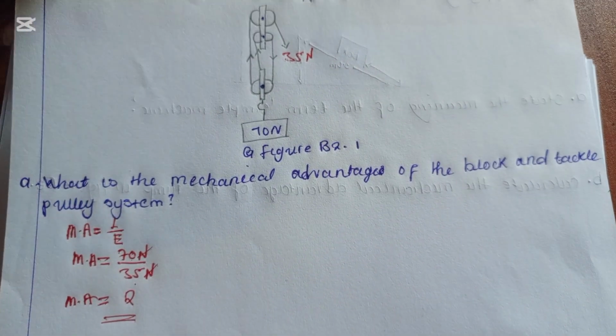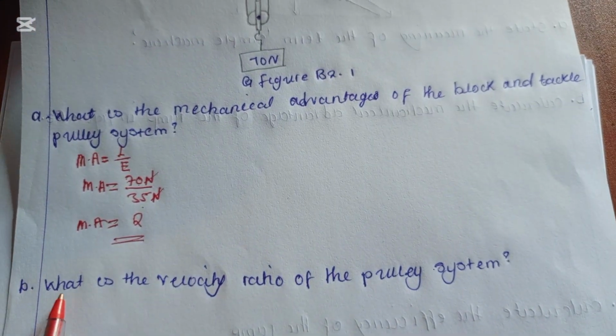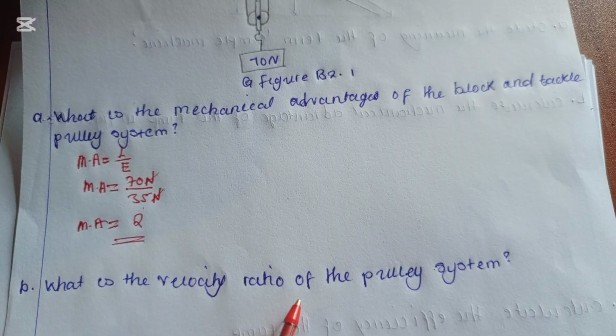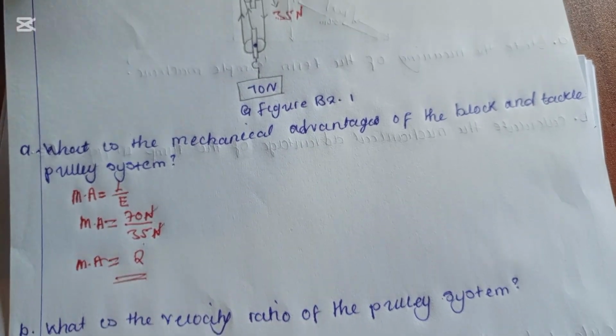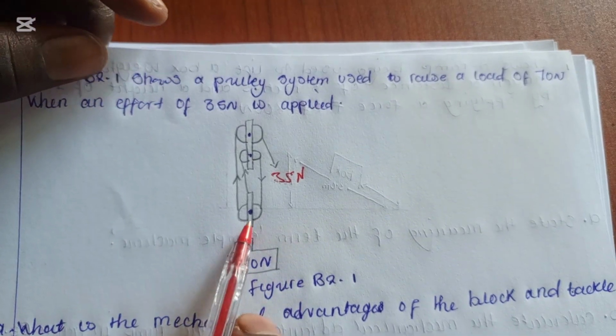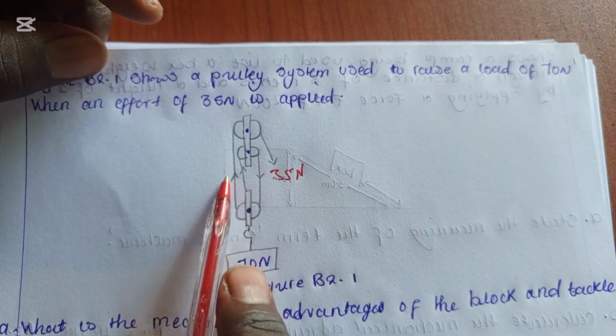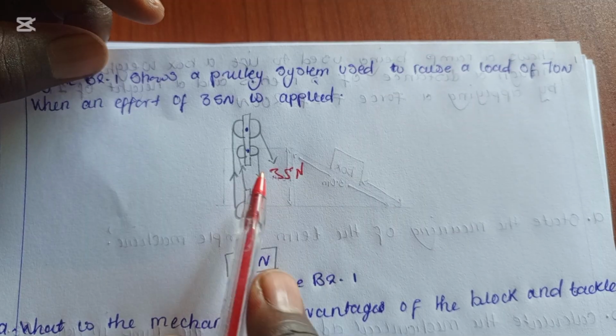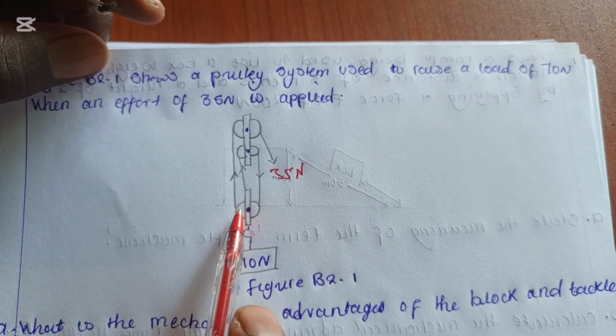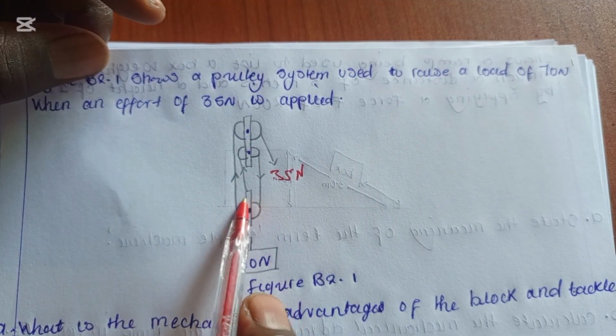Okay. So I'll go to question B. What is the velocity ratio of the pulley system? So VR. If this type of diagram is given in an exam, to find the VR, velocity ratio, you just need to count the number of wheels. Example like this: wheel 1, 2, 3, or the number of circles or rings.